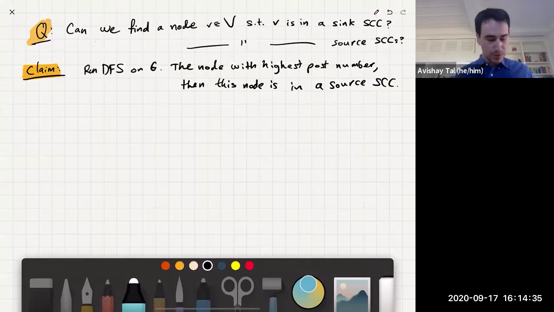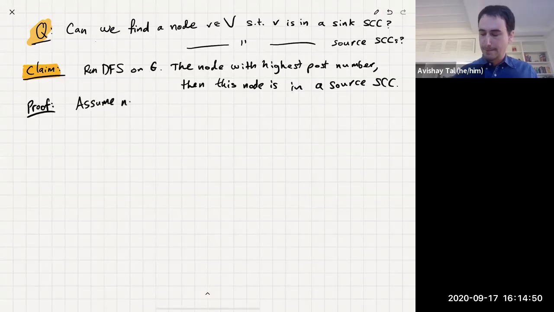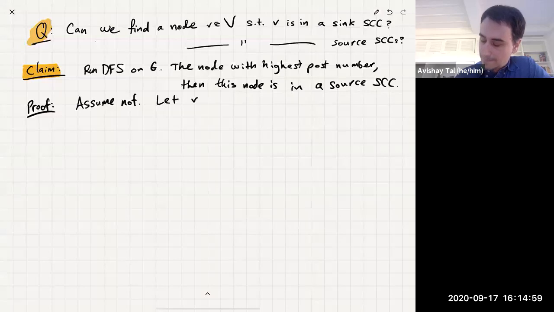Okay, so how are we going to prove it? Well, we said that in graphs it's very useful to prove things by contradiction, and also here this would be the approach. So let's assume that this is not the case. Let V be the node with highest post number.